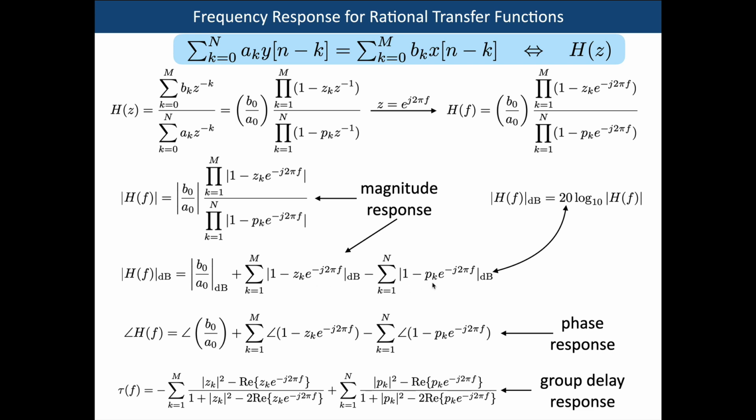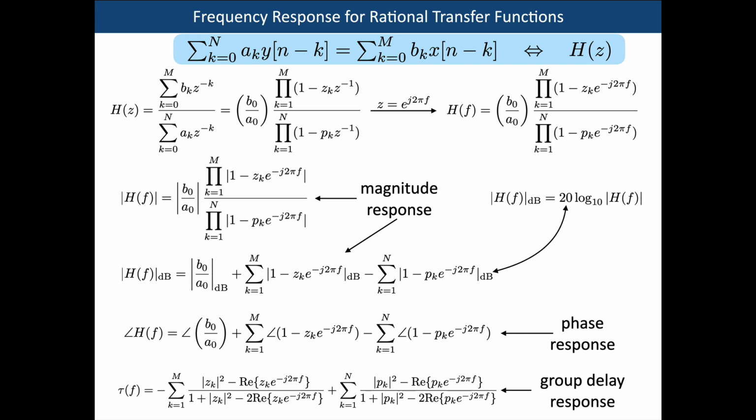As we do this, we're going to look at the magnitude and phase and group delay for a single zero. And if we want to understand what the corresponding responses would look like for a pole, all we have to do is change the sign and things flip upside down.